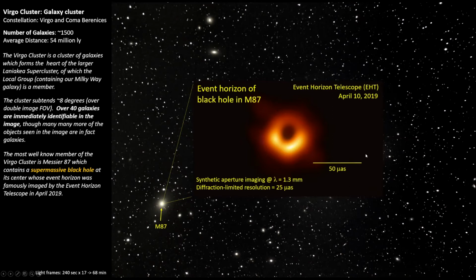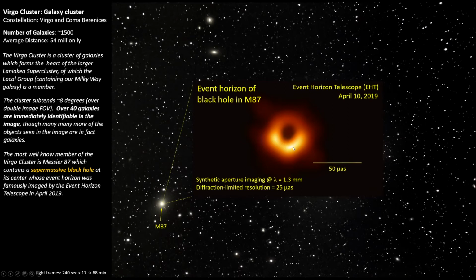And for you data processors, it's very interesting that I show here what 50 micro arc seconds is on this image. So the whole diameter of the event horizon of the supermassive black hole is just a little bit more than 50 micro arc seconds, yet the diffraction limited resolution of the system is 25 micro arc seconds.